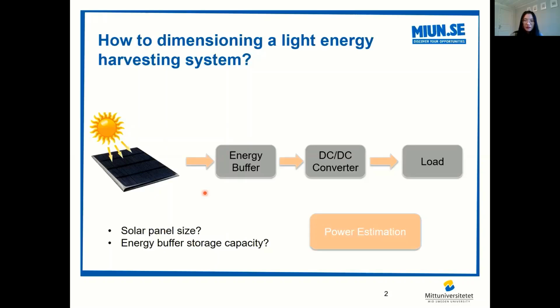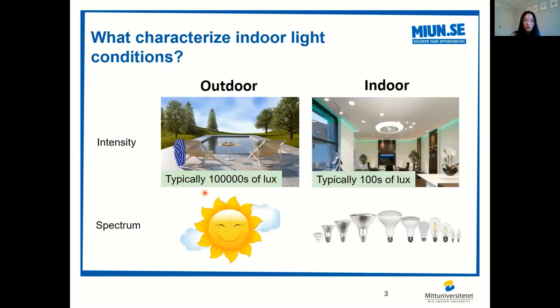Before that, we need to get an idea of the ambient environment. For example, in the light conditions, what is the intensity and what is the spectrum? From the intensity and the spectrum point of view, we can see that the outdoor condition and the indoor condition are quite different.